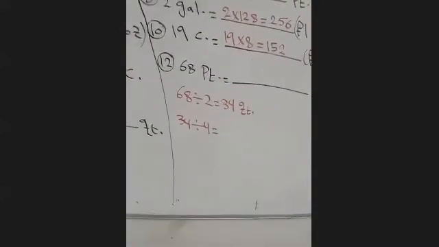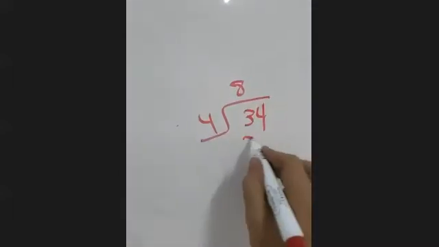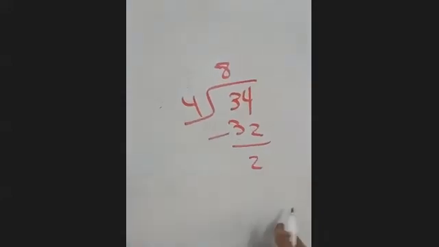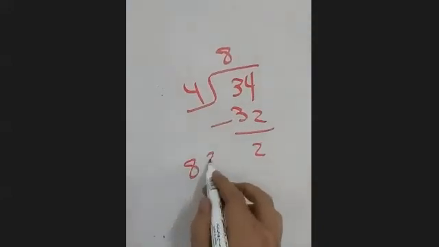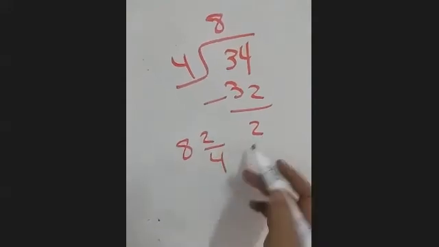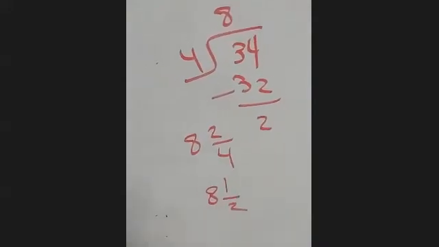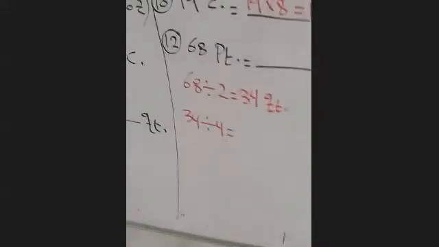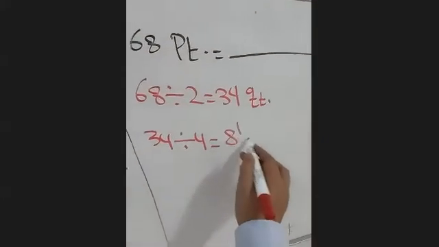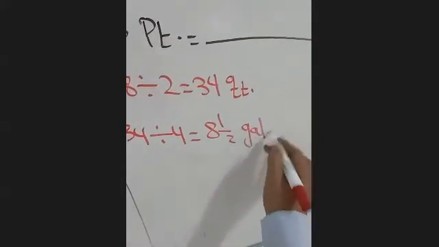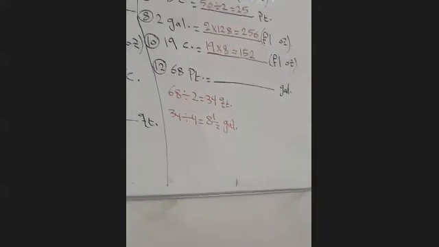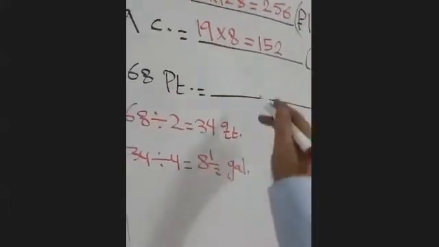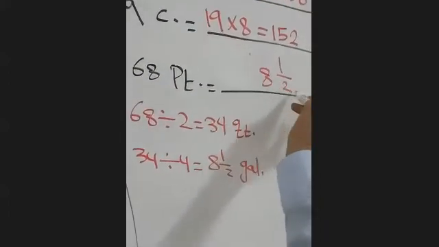Let's divide 34 by 4 together. 34 divided by 4 is 8, 32, subtract, 2. So the answer is 8 and 2 over 4. 2 over 4 simplified is 1 over 2. So it is 8 and 1 over 2 gallon. So what's the answer now for the gallon? 8 and a half.